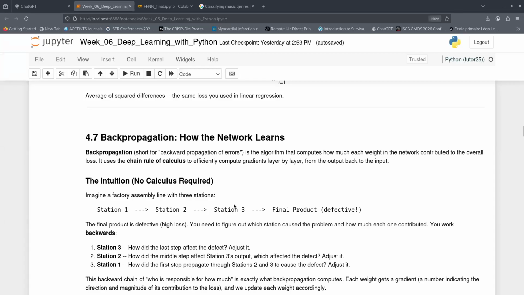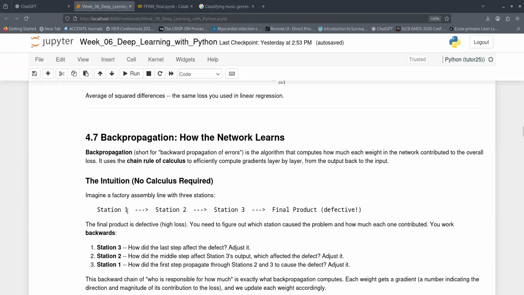If it's in station 3, I just adjust it. But if we are in station 2, you ask, how did the middle step affect station 3's output, which affected the defect? Then I can adjust it.